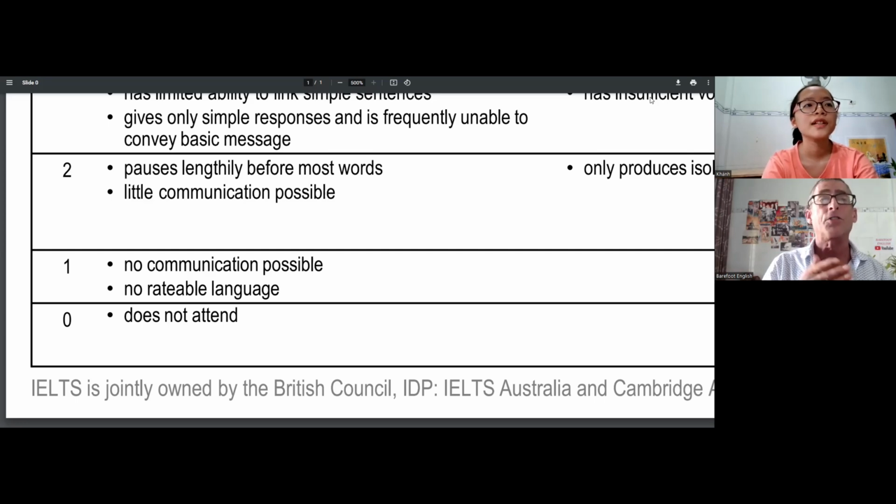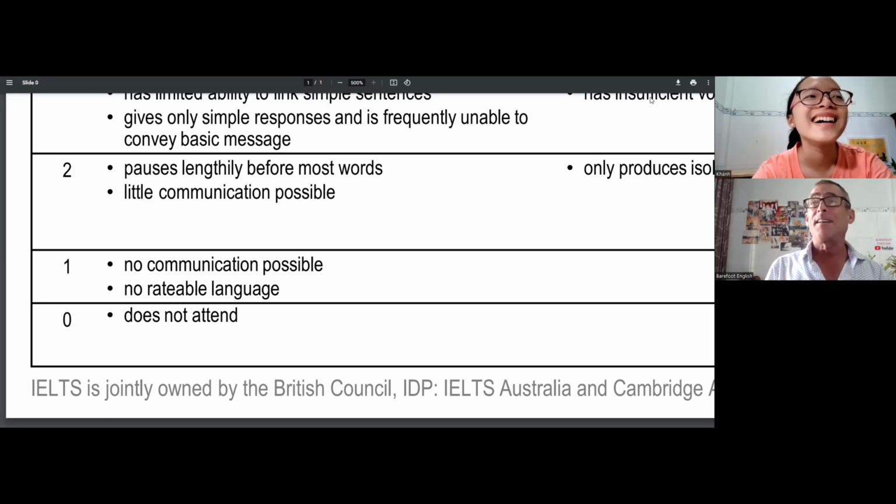What does zero say? The zero says, "does not attend." Does not attend. What does that mean? I think the person in this level doesn't understand what the... Well, okay, I'm going to jump in here.